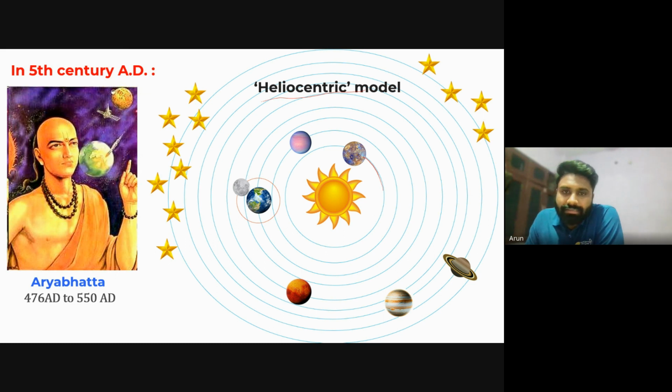And also, the sun is said to be stationary in this. So we cannot say that this heliocentric model was incorrect. No, this is not incorrect. This is incomplete. Okay.